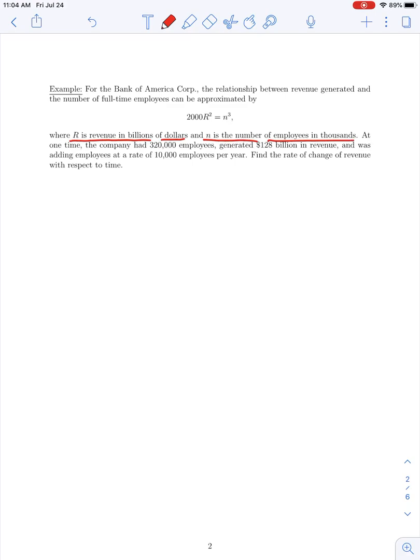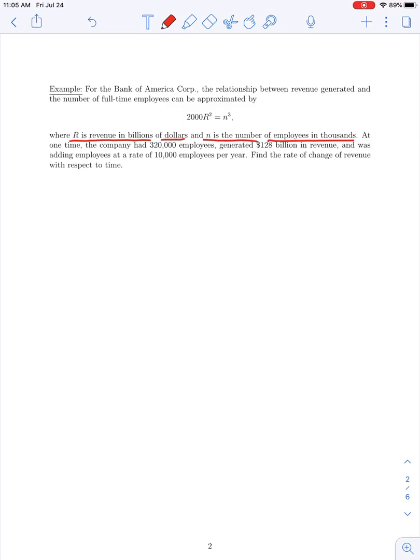So we're told at one time the company had 320,000 employees, generated $128 billion in revenue, and was adding employees at the rate of 10,000 employees per year. So we want to find the rate of change of revenue with respect to time.